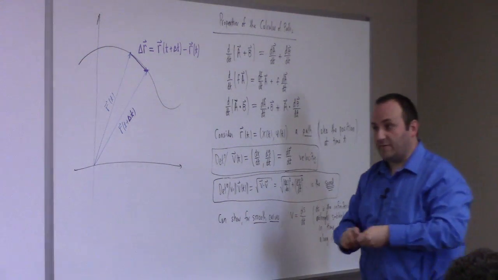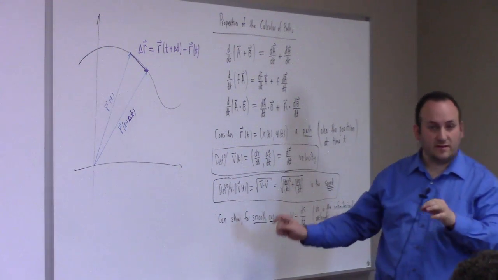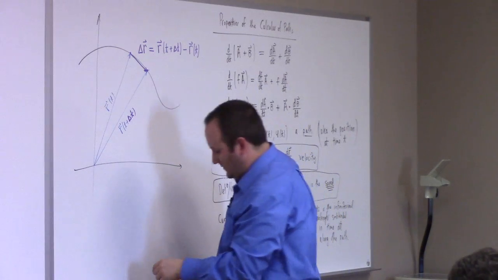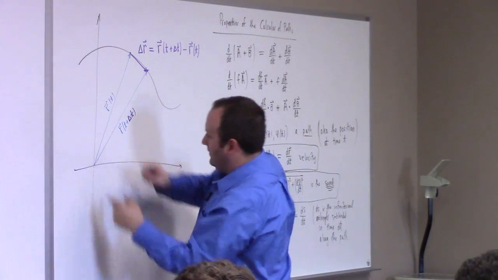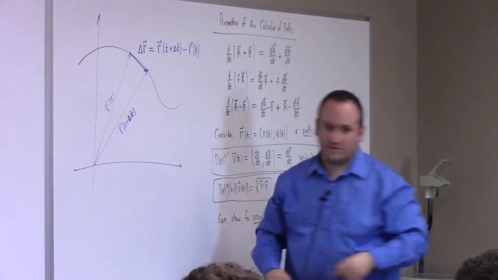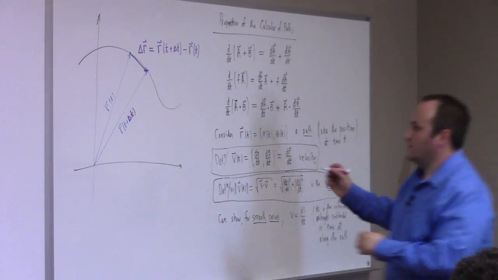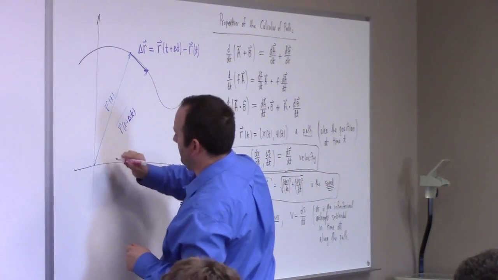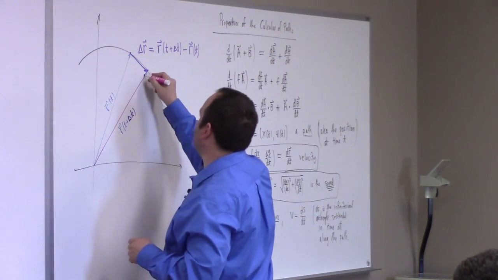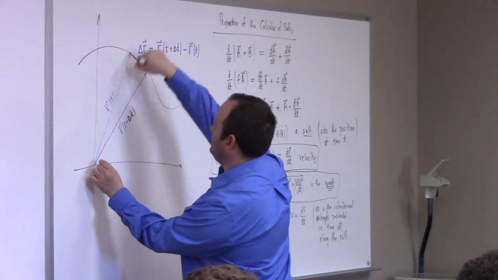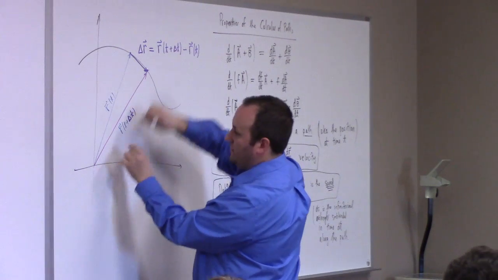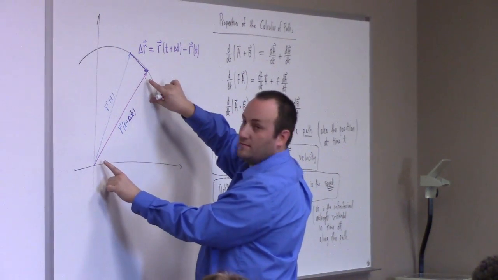Now, you might not believe me, but you can see that from vector addition that I was talking about a minute ago. Let me make the bottom vector a different color so you can see it better. The blue vector plus the purple vector should be equal to the pink vector.